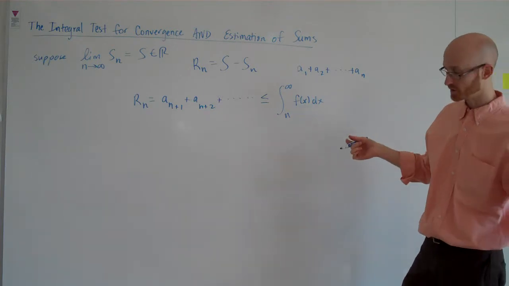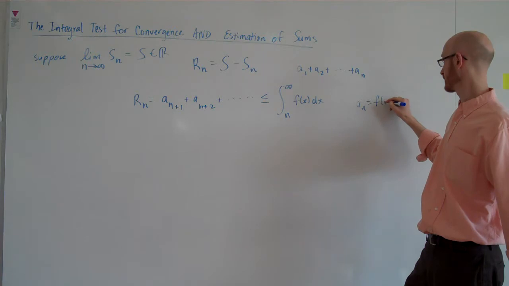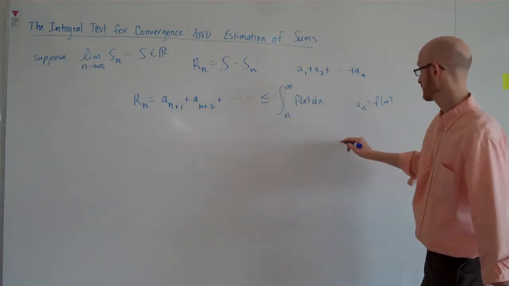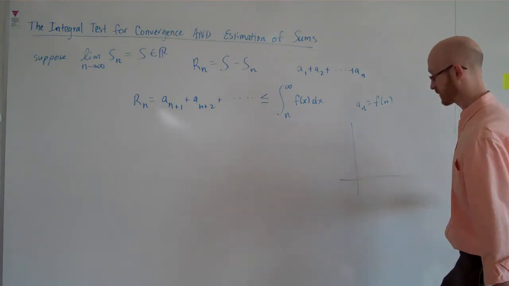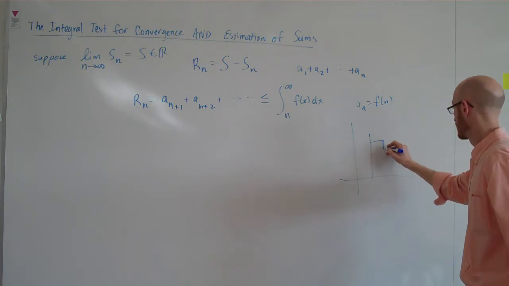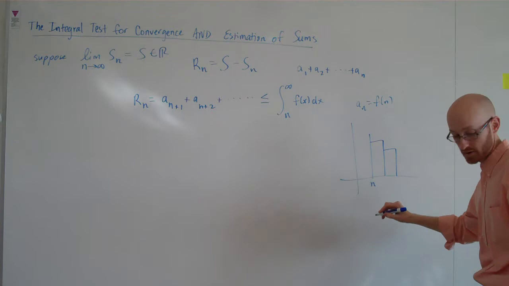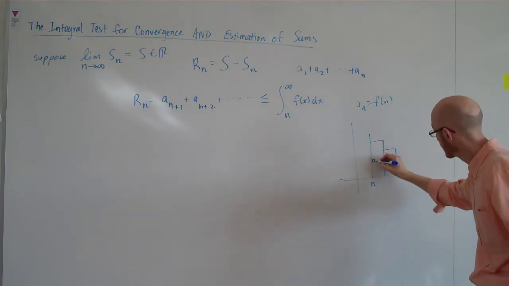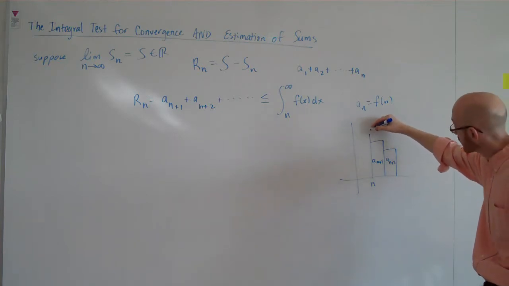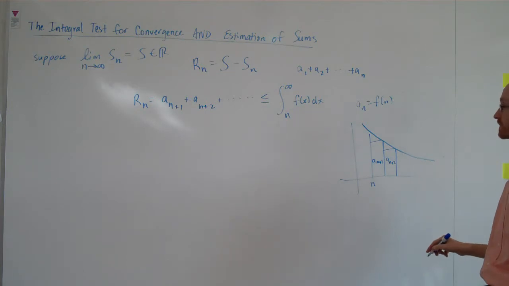Again, where the function is defined by a sub n will equal the function. And what's going on here is basically, why is it less than? Well, you've got a similar picture to what we did before, which is kind of like this, where this is n, the area here is a sub n plus 1, the area here is a sub n plus 2, and our function is going to be larger.